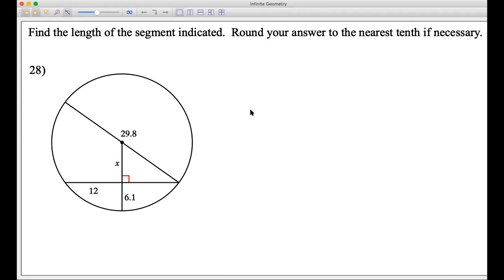It's a diameter, right? So if we cut 29.8 in half, that gives us what? 14.9. So 14.9 is the radius. And then look, the radius that we're given, this one right here, Connor, how many pieces? And what are the distances of those 2 pieces? No. 29.8 is the diameter.